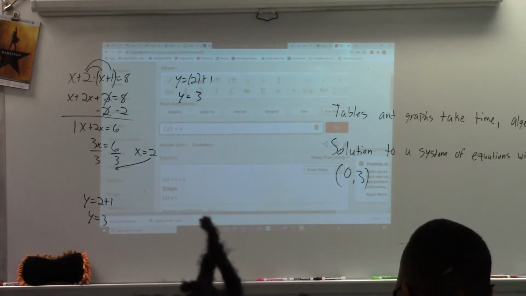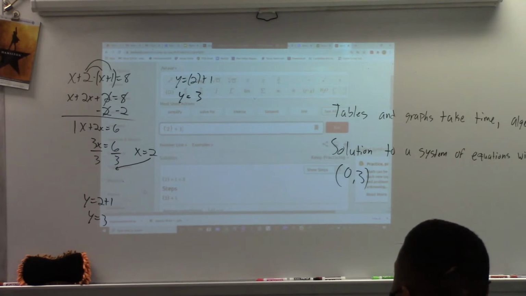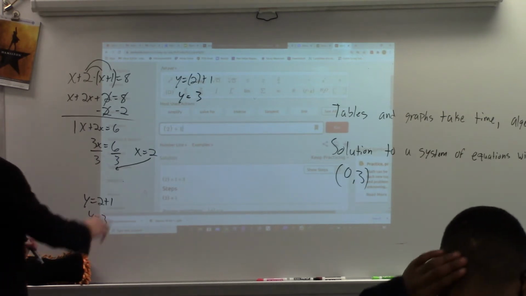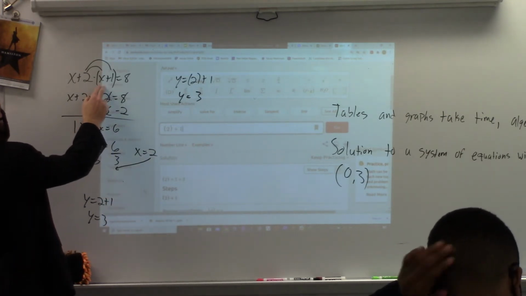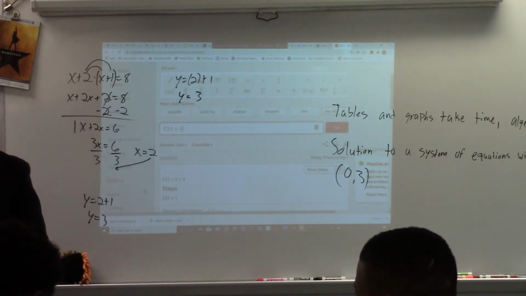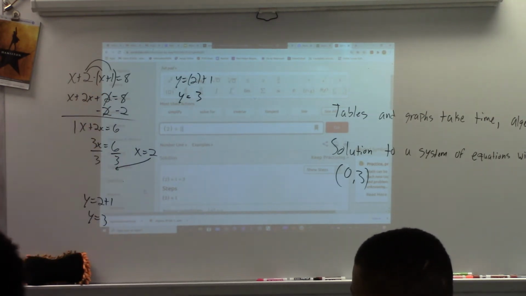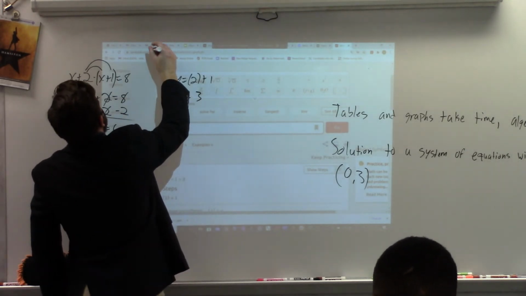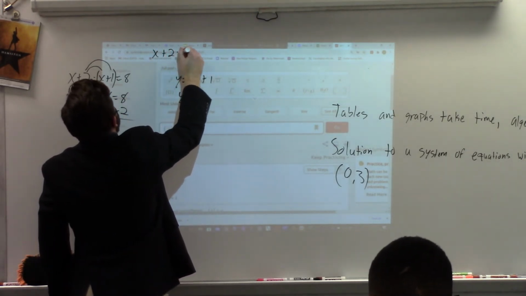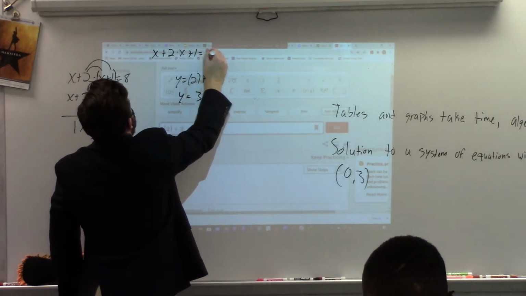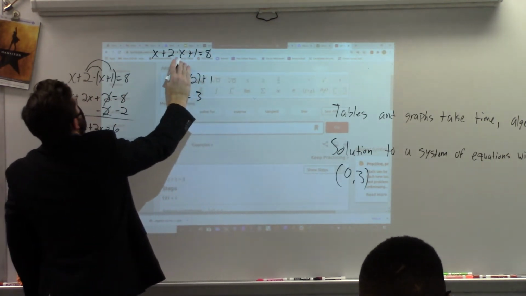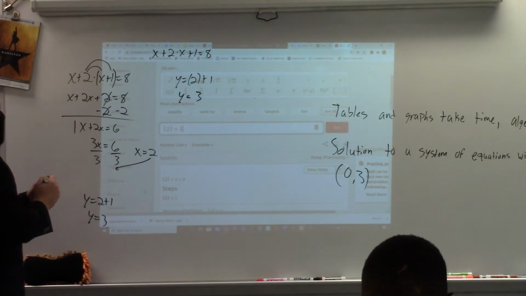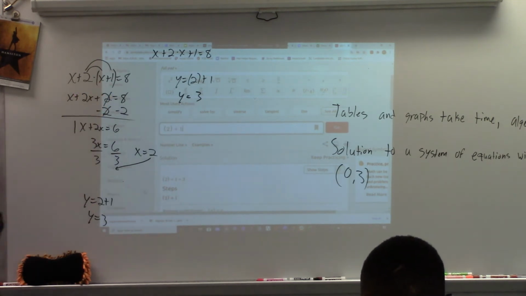Right, like let you know what it is. Think about what I said when I said why we needed these parentheses. There's a key word I said, and Mr. Kenny said it: substitution. So we did substitute, but why did we have to? Because whenever I wrote x plus 2 times x plus 1, y'all immediately said I can't do that. Why couldn't I do that? Why did I have to write the parentheses?